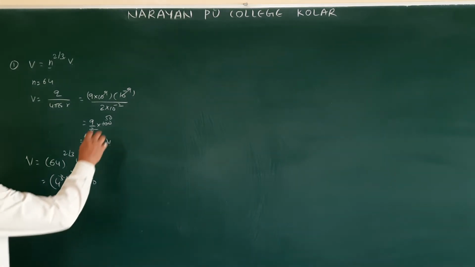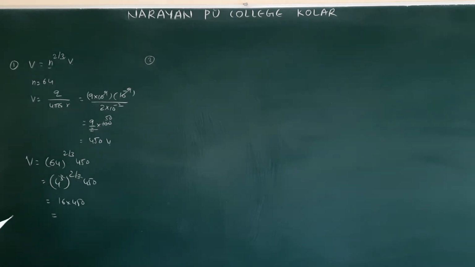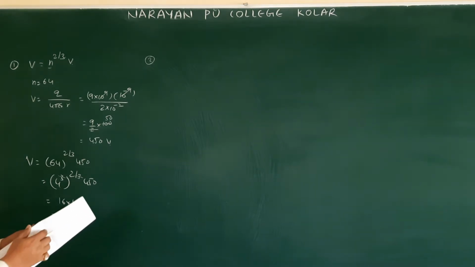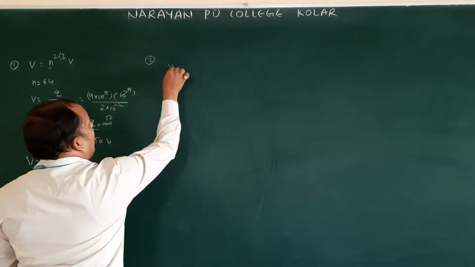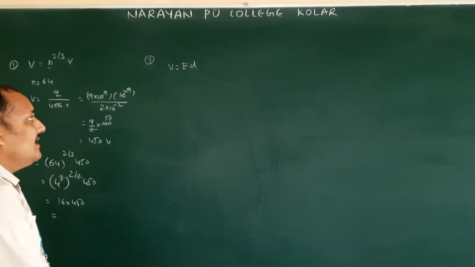Next, second question. A charge 5 coulomb experiences a force of 5000 newtons when it is kept in a uniform electric field. What is the potential difference between 2 points separated by a distance of 1 centimeter? They are asking potential difference and they give the separation. This is the relation: E is equal to V by d, or V is equal to Ed.